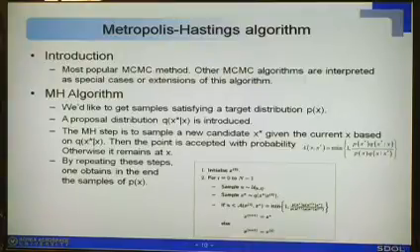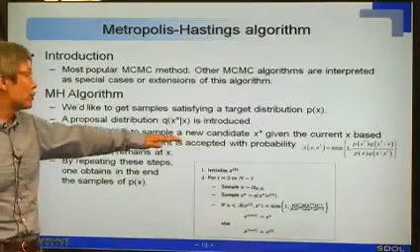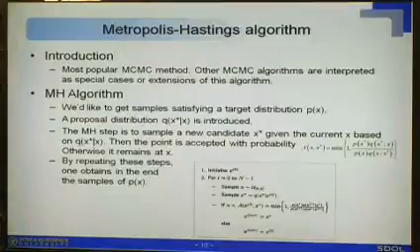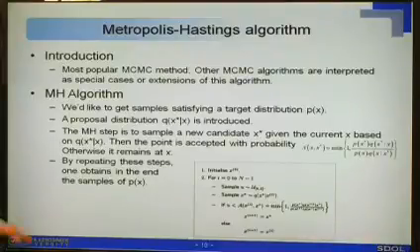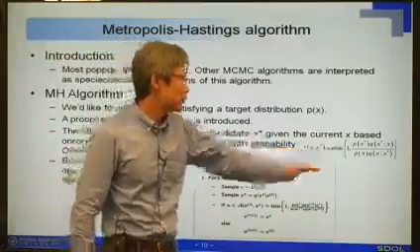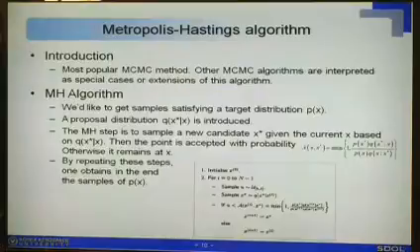The step is to sample a new point x star based on this proposal distribution, given the current point x. Then we calculate a certain ratio, which is given by this equation. The value of this ratio ranges between 0 and 1.